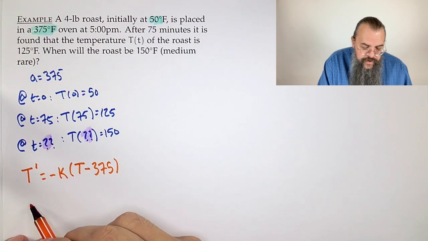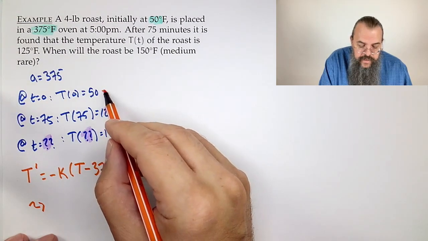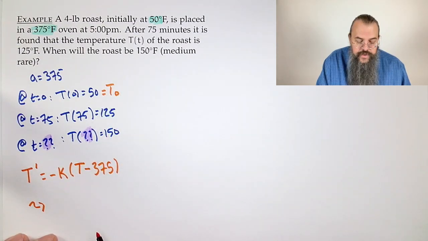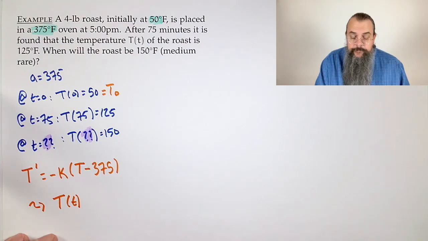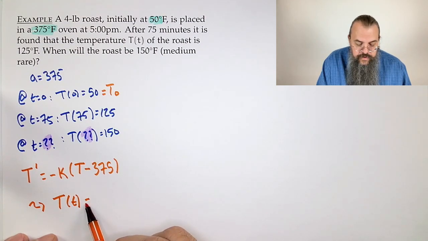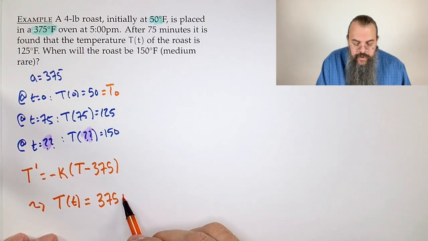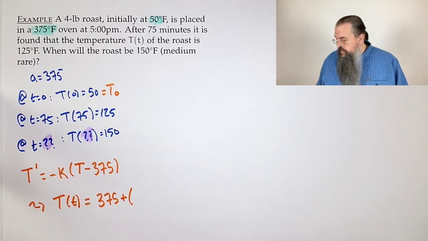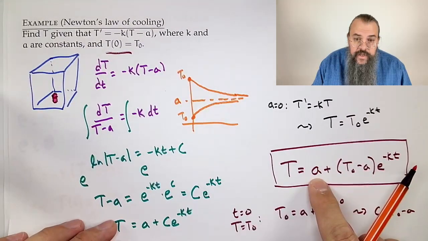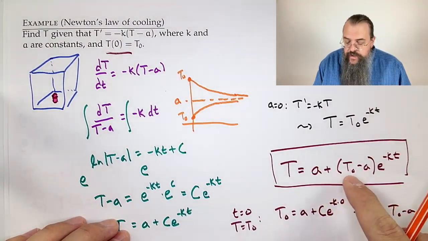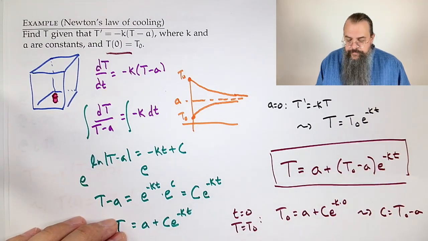We know by Newton's law of cooling, since we know our initial temperature, that our temperature at any given time t is equal to our ambient temperature, 375, plus our initial temperature minus our ambient temperature, e to the minus kt.